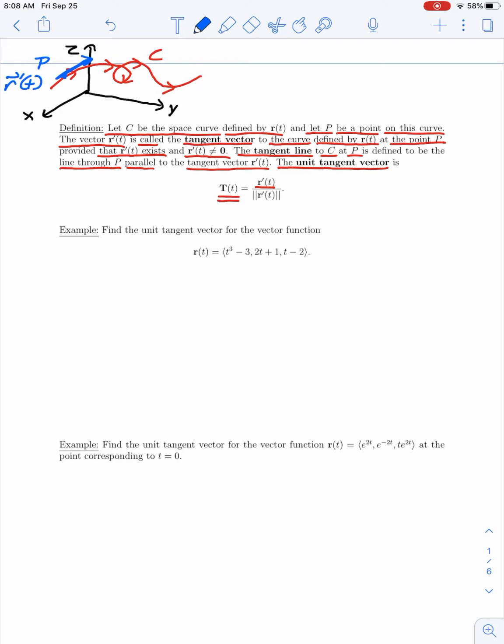So in this example, we're moving sort of left to right, so our tangent vector at that point is going to point in the direction of motion.